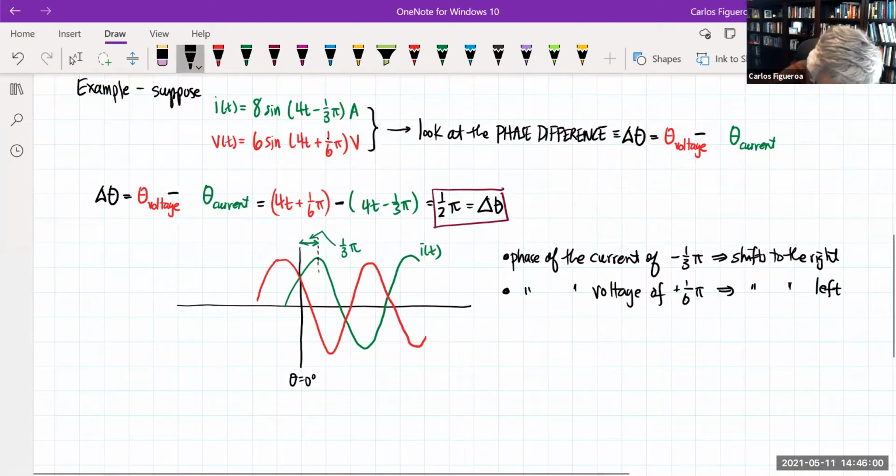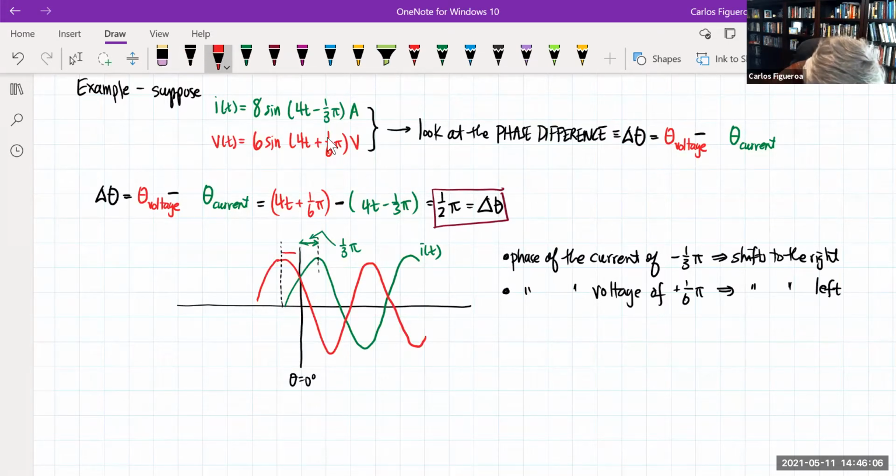The distance from here to here is 1/6 pi. So the phase difference between these two peaks is delta theta, which we just computed is 1/2 pi.